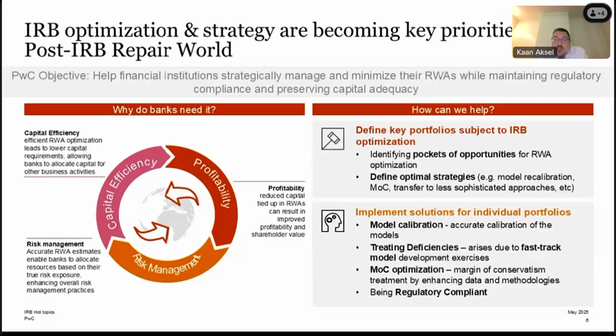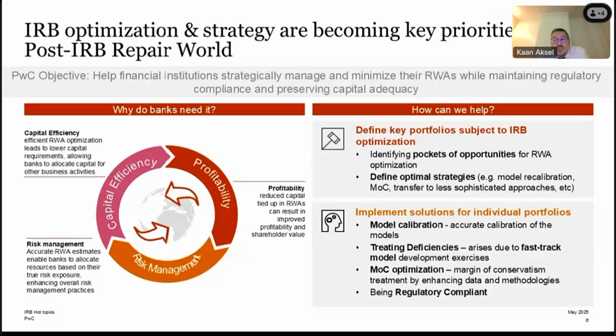So in a nutshell, MOC optimization is one of the target areas where we would like to reflect less conservative approaches, enhance the data, and improve methodologies as such. We would have less MOC than what we had earlier put together. But there are actually three dimensions to the discussion here.